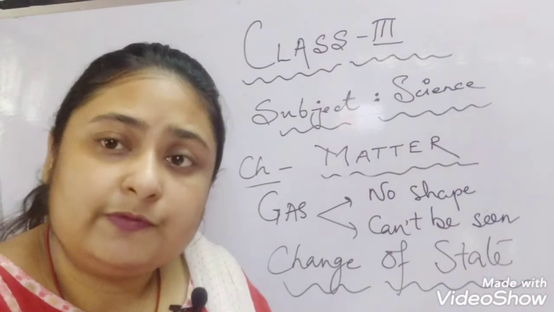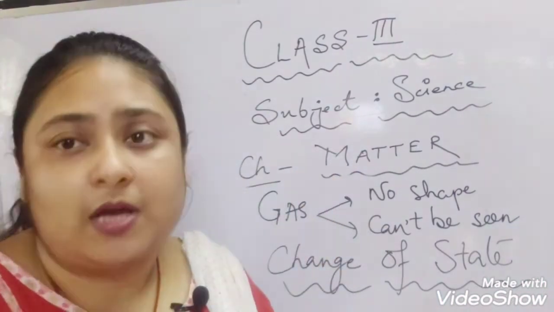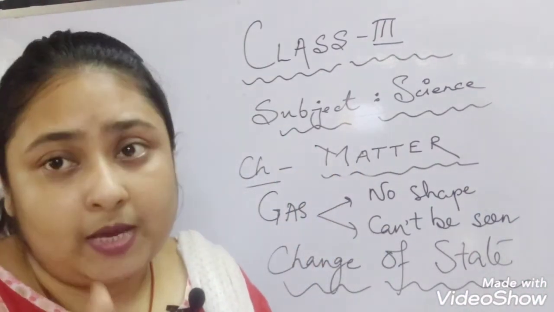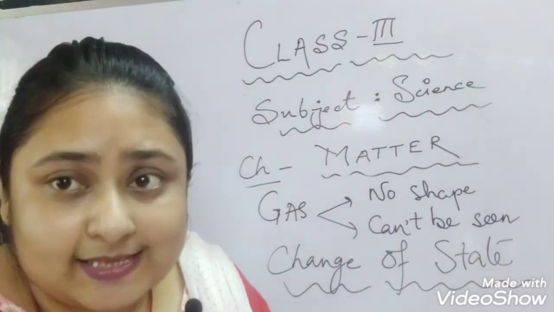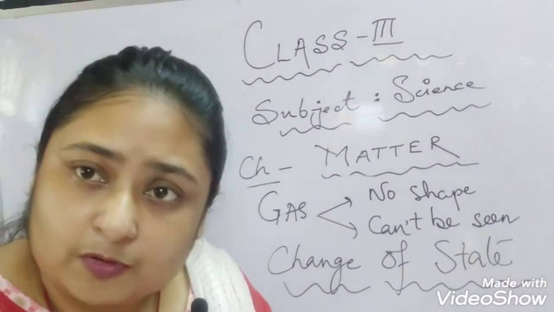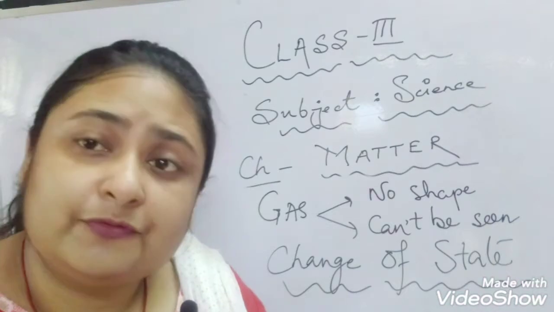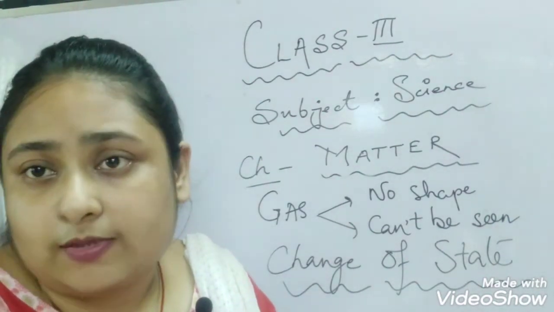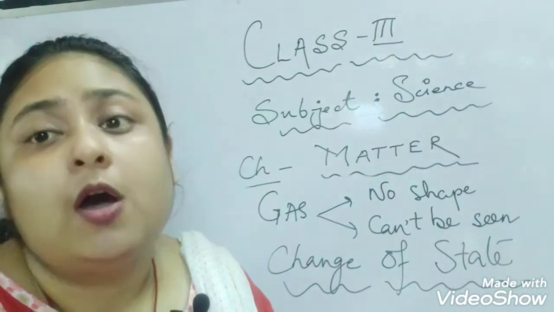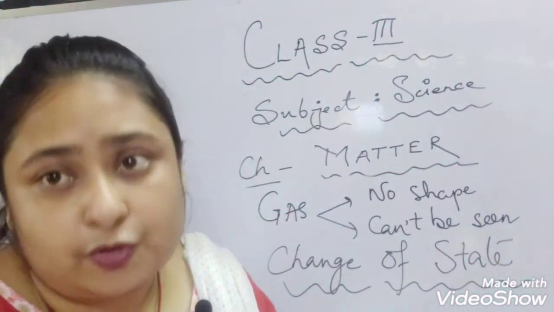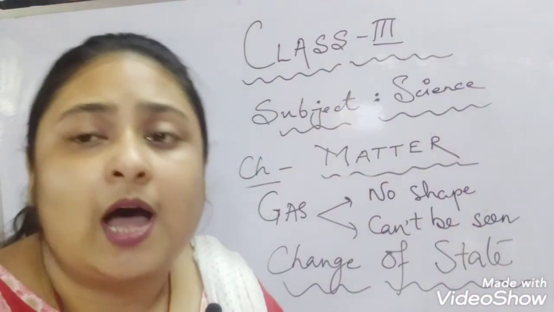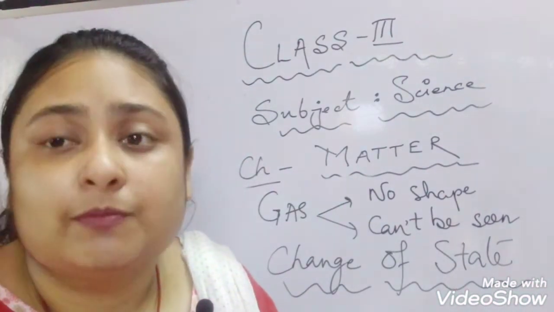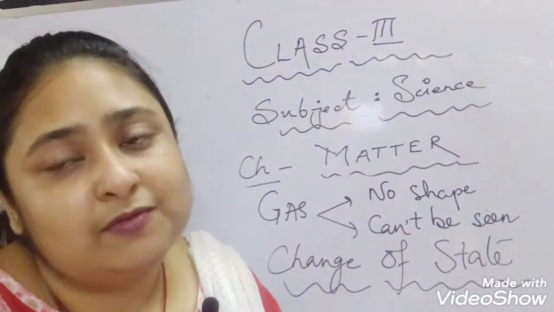So our atmosphere, which is present all around us, is also made up of gases. Our atmosphere is a mixture of different kinds of gases like carbon dioxide, hydrogen, oxygen, nitrogen. These all are gases which comprise the atmosphere.